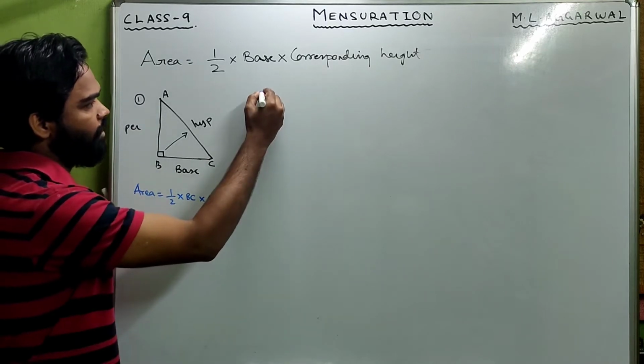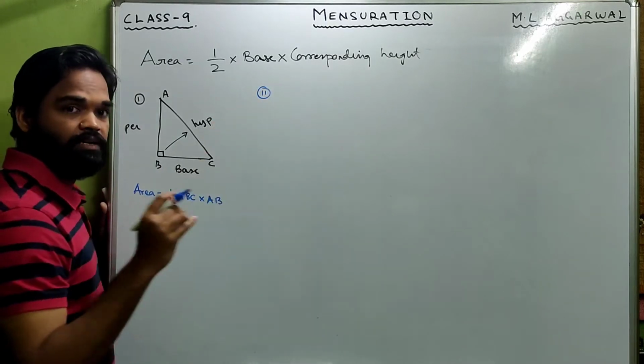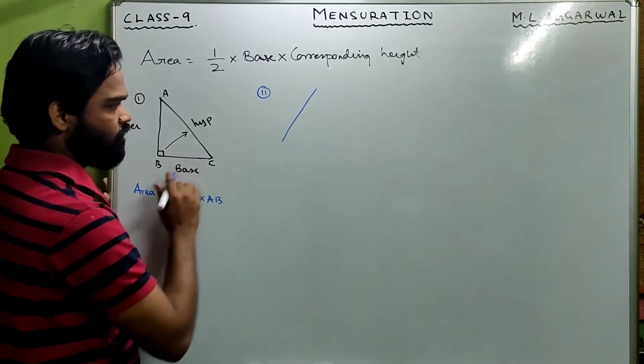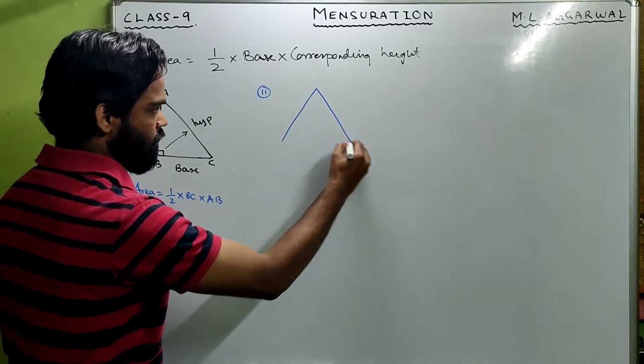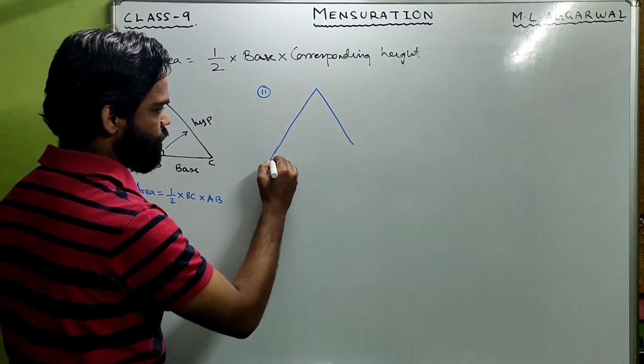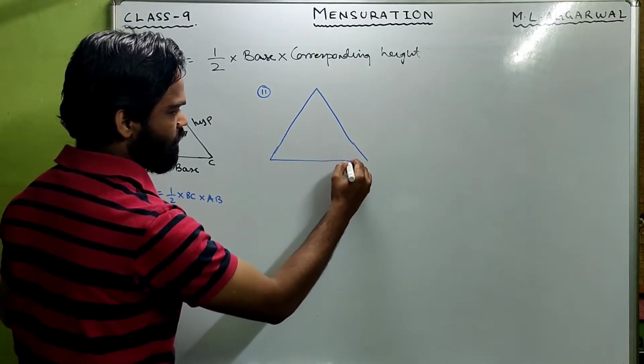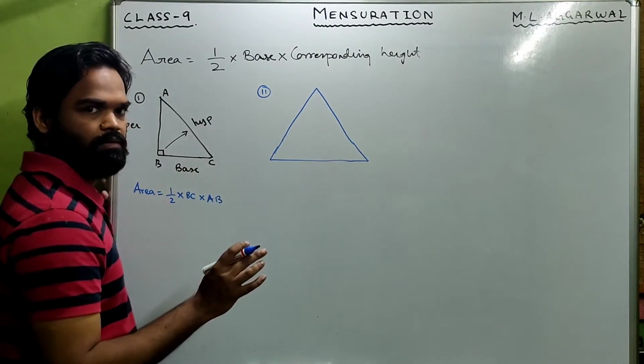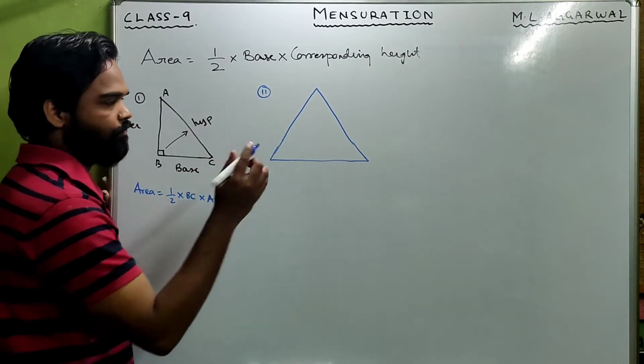Okay, take a case of an equilateral triangle. Now look carefully. This was not so tough. Now suppose I have an equilateral triangle. How to derive the formula for the area with respect to its side?